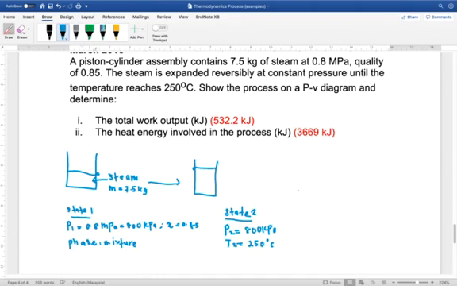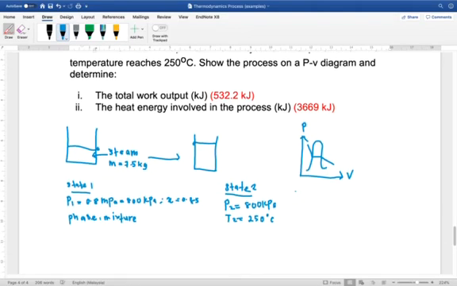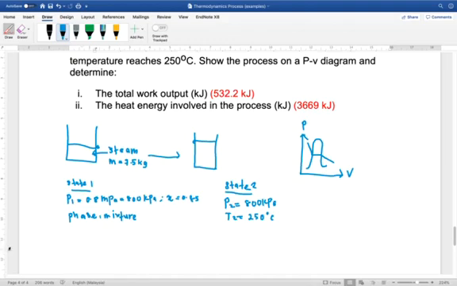Show the PV diagram and determine the total work output in kilojoule. So first we just sketch the PV diagram. The vertical axis is P and the horizontal axis is V. So I draw a dome with a constant temperature line, just like this.